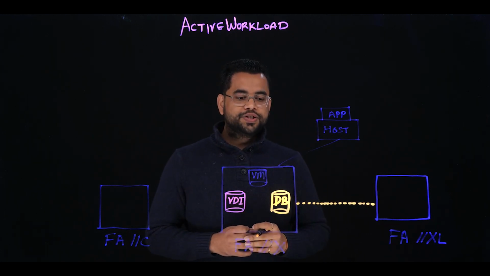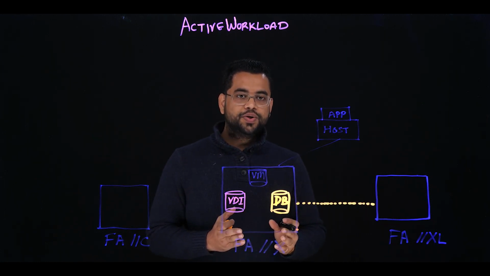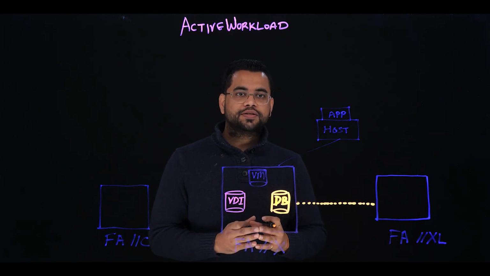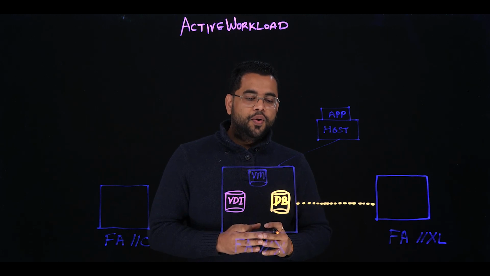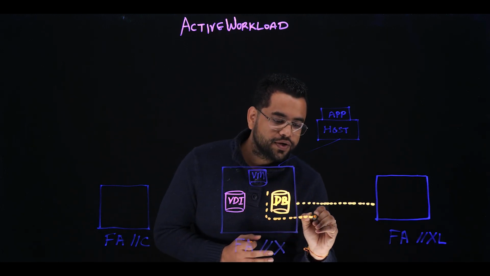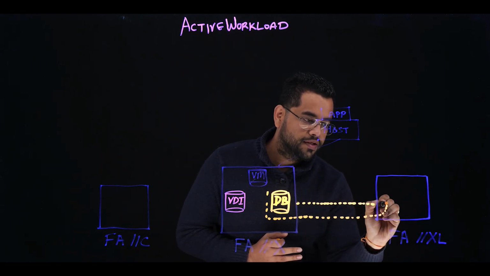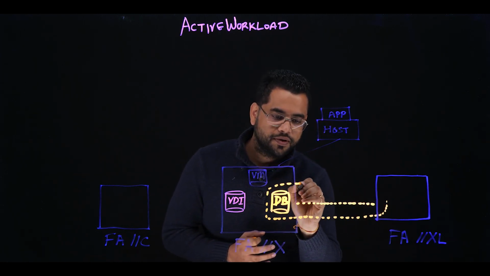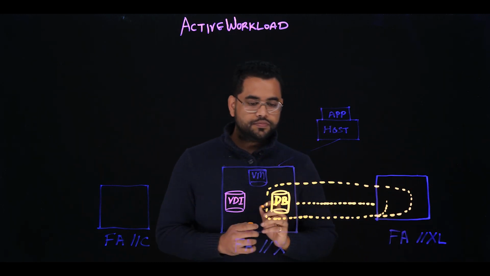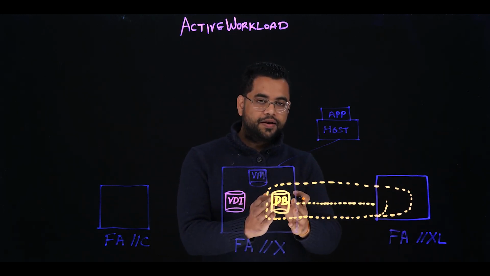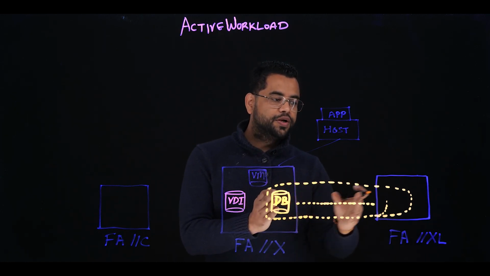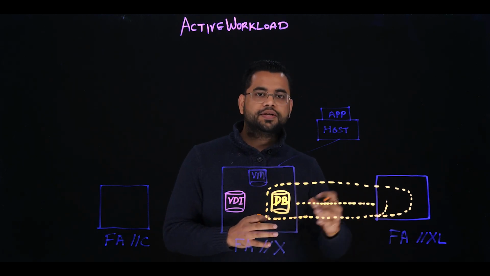Once you have established the connection, the next step is to stretch this volume, which is where our stretched clustering technology comes in. While stretching, it establishes a synchronous replication relationship between the 2 arrays for this specific volume. And it will start replicating this database workload, the volume associated with it, to the FlashArray XL, the target array.